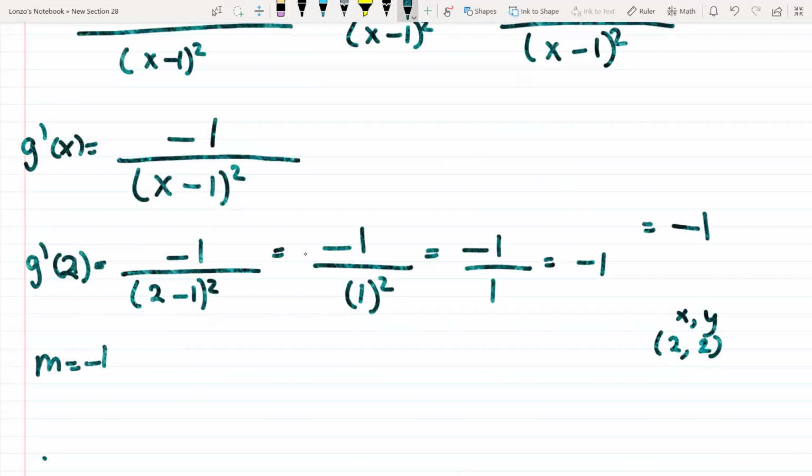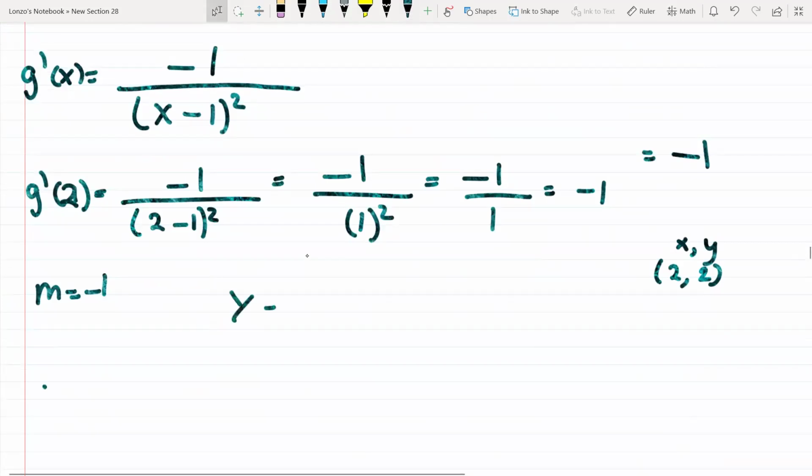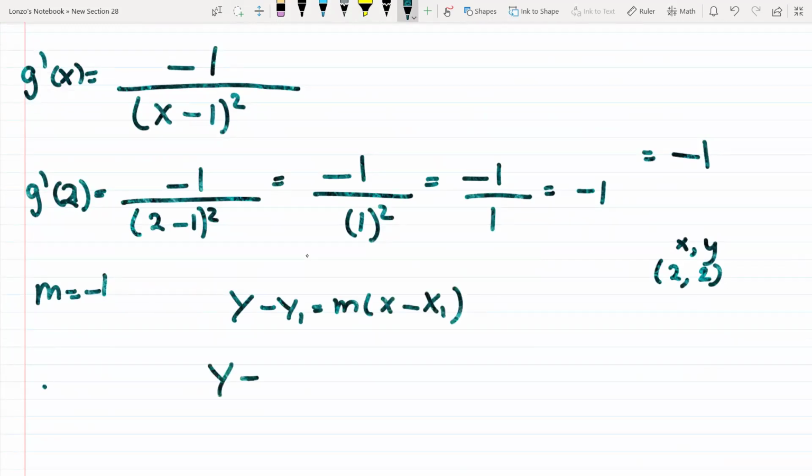Now all you've got to do is put it in point slope form because we have everything. Point slope form is y minus y1 equals m times x minus x1. So it's y minus 2, my slope is negative 1, times x minus 2.